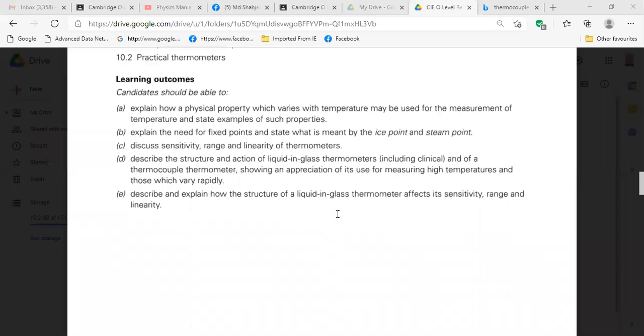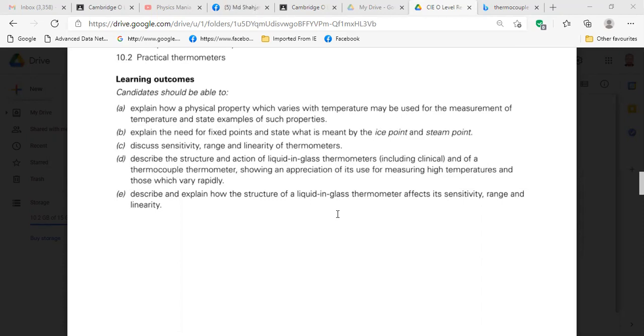The one you got is uncalibrated, and the one you made now is called a calibrated thermometer. The thermometer is calibrated. Is it clear? So the ice point and steam point are helping you to get the thermometer calibrated. These two are very fixed points.